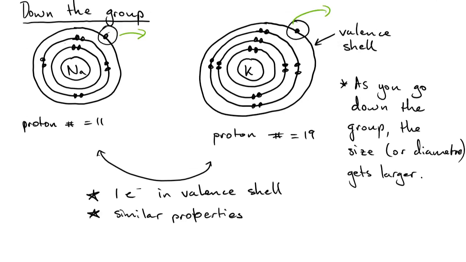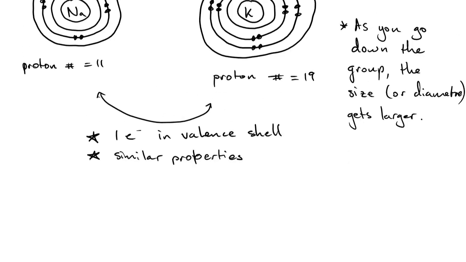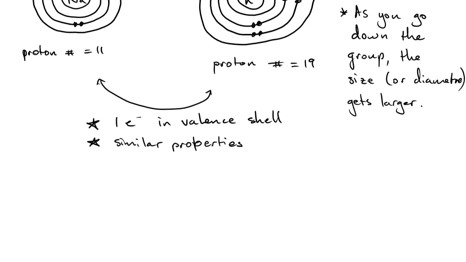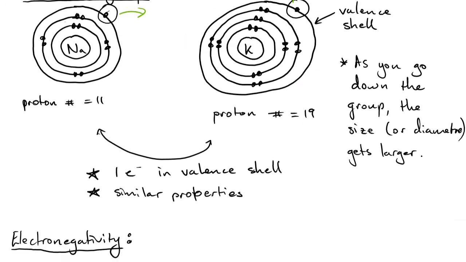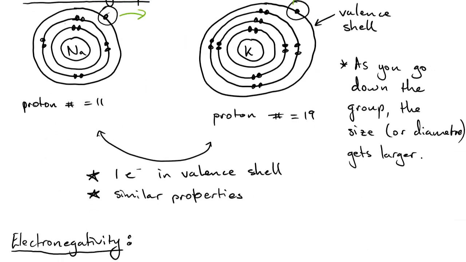Another thing that we need to consider is the electronegativity. So let's have a look at the electronegativity. So remembering that the electronegativity is actually how willing the atom is to accept electrons, to gain electrons.